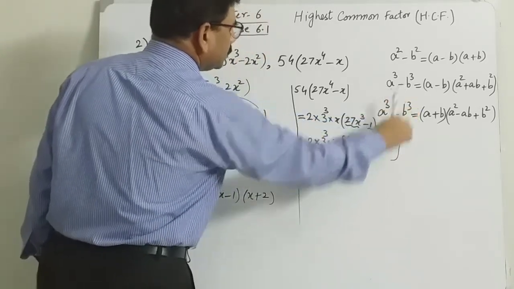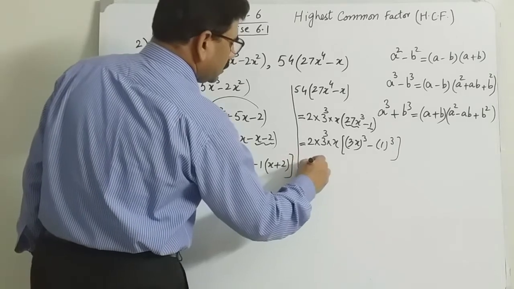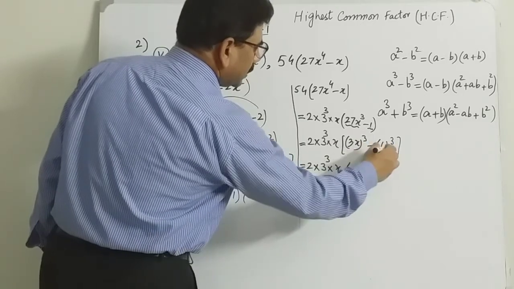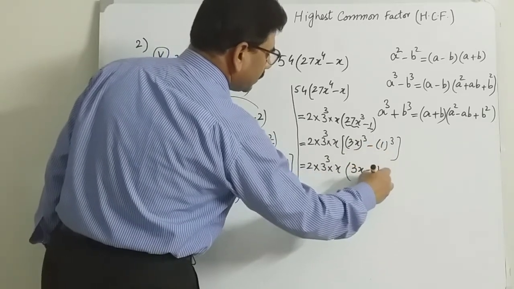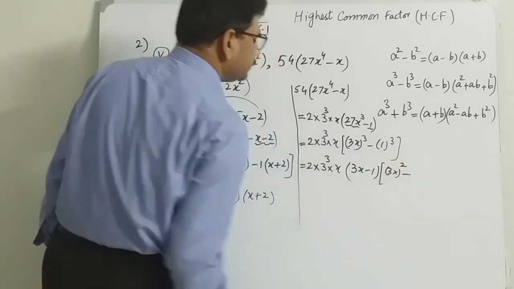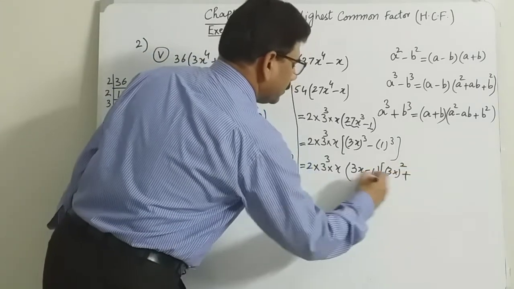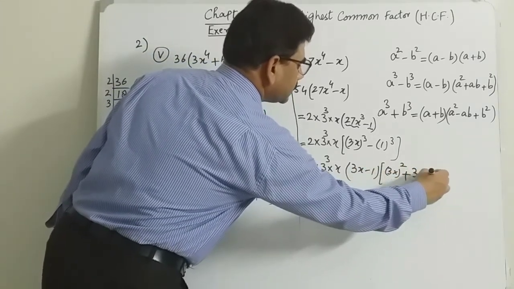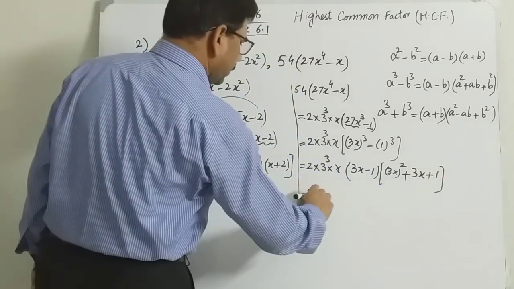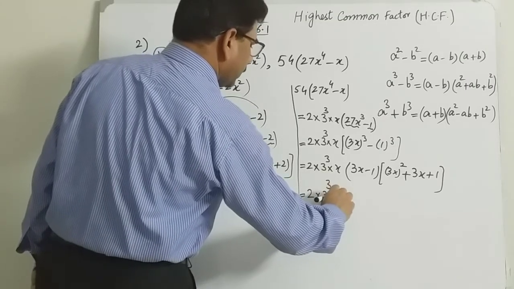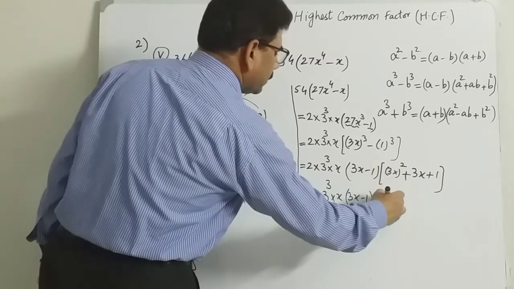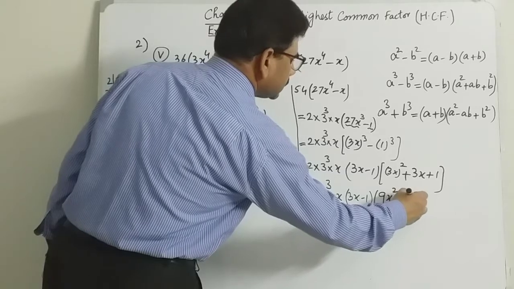So here we will make use of the second formula: 2 multiplied by 3 power 3 multiplied by x, and to factorize this expression we will write 3x minus 1 into 3x whole square plus the product of these two numbers, plus 1. Now this will be equal to 2 multiplied by 3 power 3 multiplied by x multiplied by 3x minus 1 into 9x square plus 3x plus 1.